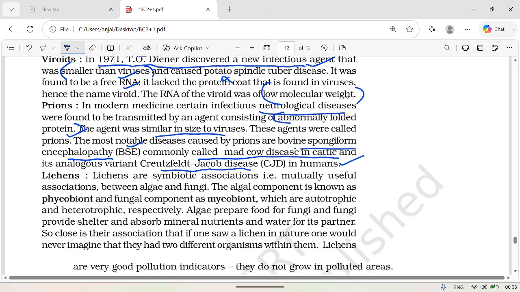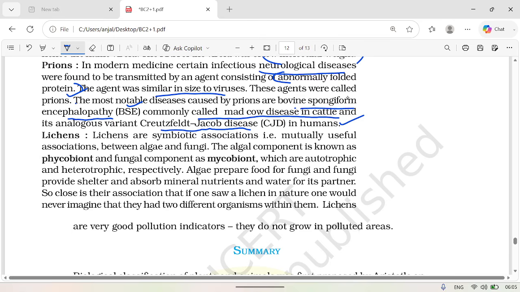So, lichens are symbiotic associations, that is, mutually useful associations between algae and fungi. The algal component is known as phycobiont. The study of algae is called phycology. Biont means partner, so the algal partner is the phycobiont and the fungal partner is the mycobiont. The study of fungi is known as mycology.